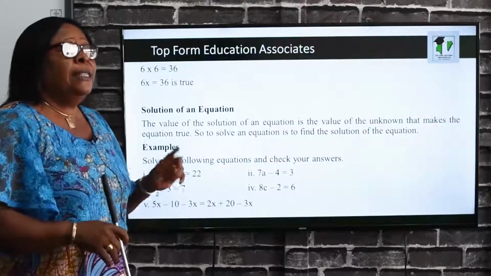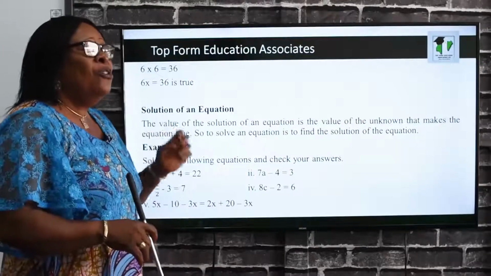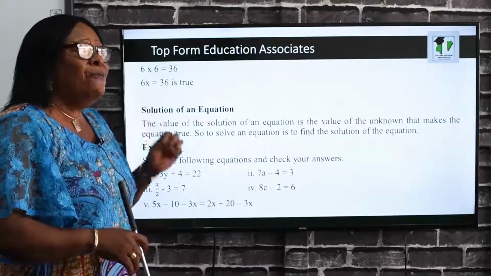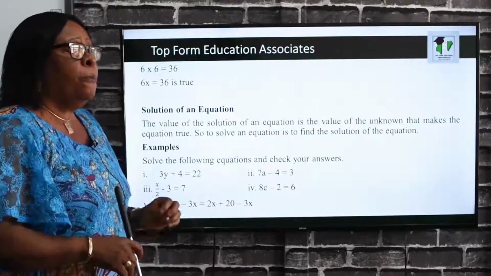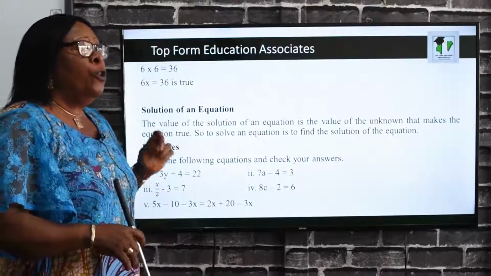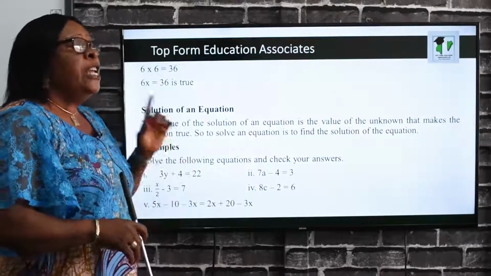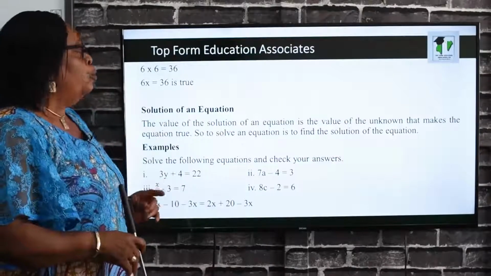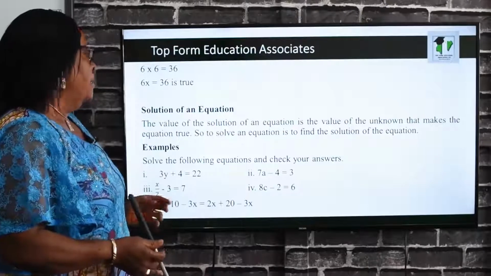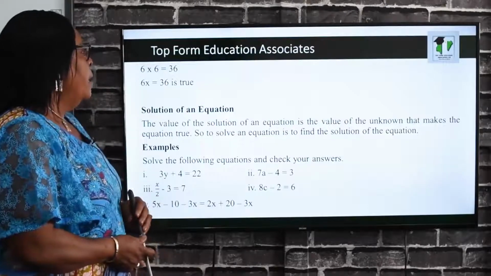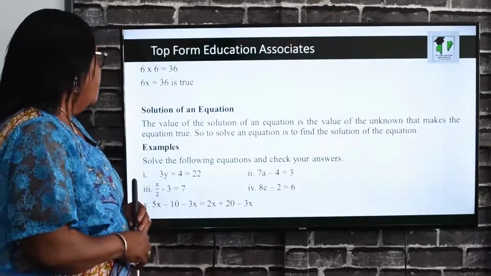Recall that I said that the value of the unknown is very, very important in an equation. If the value of the unknown is not correct, it makes the equation a false statement. We have to be very careful and be guided by this.